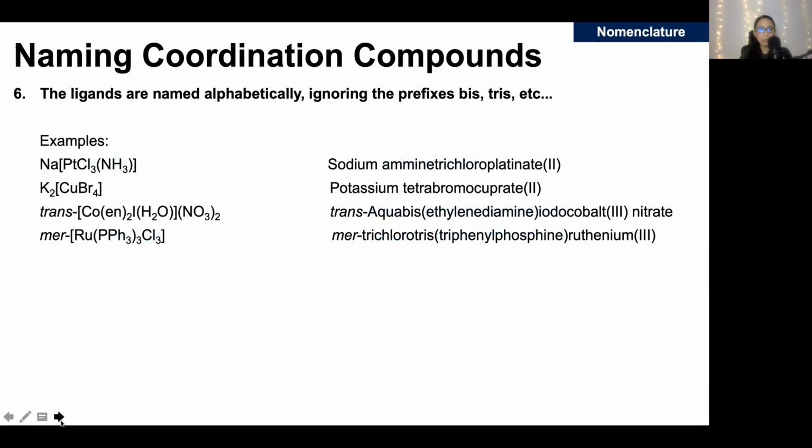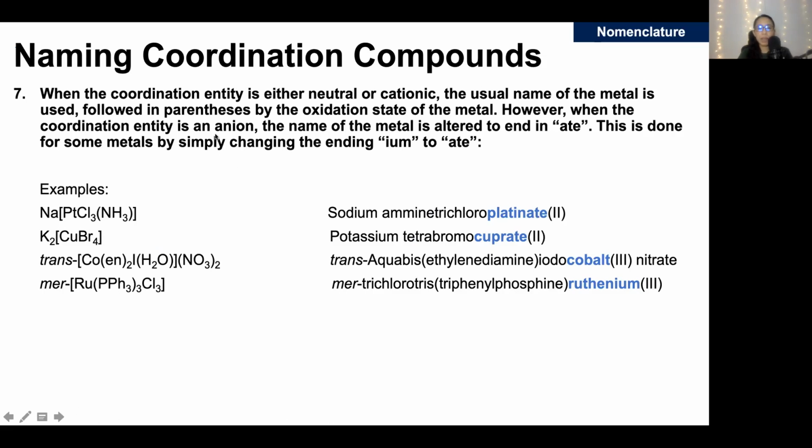Next rule. Now we go to the naming of the metal. So we are finished with the naming of the ligands in your complex. How is the metal named? It depends on whether your complex is an anion, a cation, or neutral. When your complex or coordination compound is neutral or cationic, the usual name of the metal is used, followed in parentheses by the oxidation state of the metal.